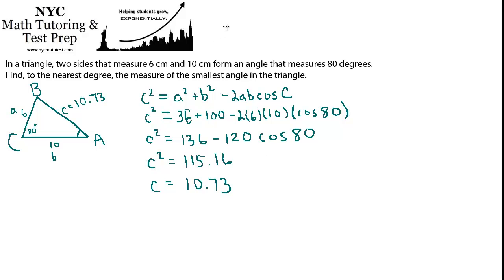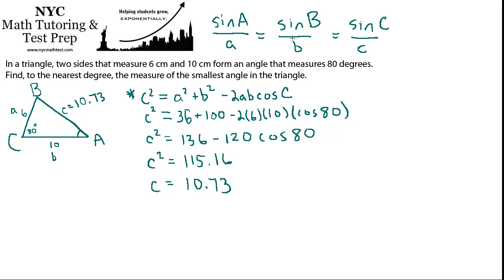So remember, the law of sines in general, so I gave you the law of cosines here. If you don't have this in your notes, you don't remember this, you need to go back and look at it again. This is the law of cosines. This is the general form of it. The law of sines is sine of angle A divided by side A is equal to sine of angle B divided by side B equals sine of angle C divided by side C. And you can use these in any combination, so you don't have to use all three.